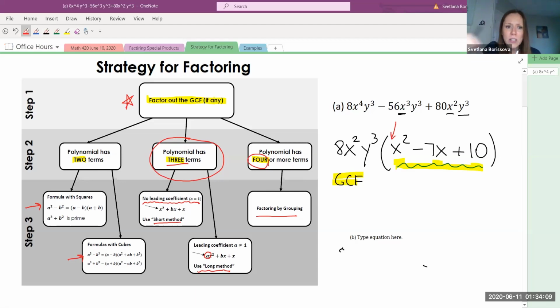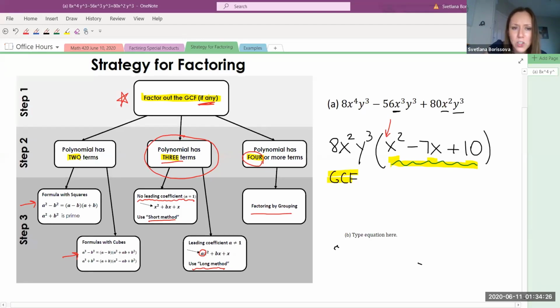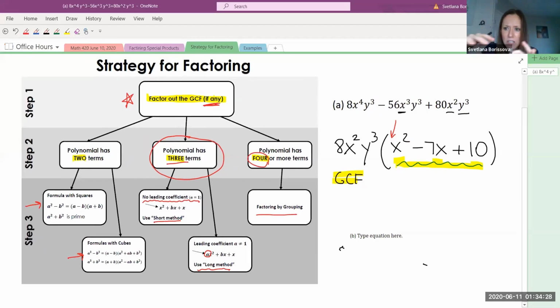It's important to always start with step 1: always try to factor the GCF. In some cases, you won't have a GCF. It says GCF, if any. So if the expression does not have any GCF, then move on to step 2 and start counting the terms. Okay, let's finish this one. Do you guys have any questions about that handout? Does it make sense the way it's structured?